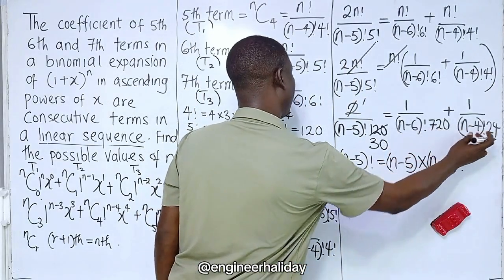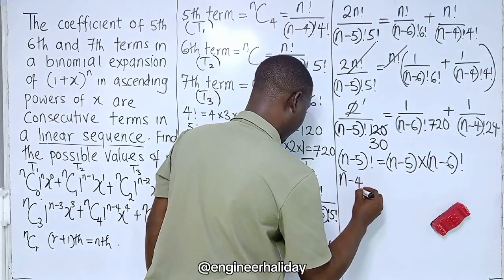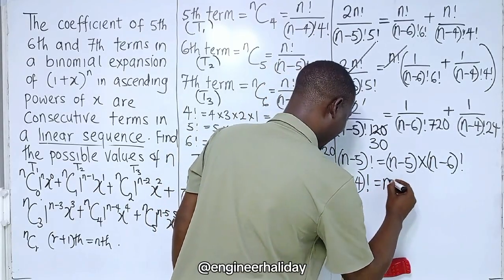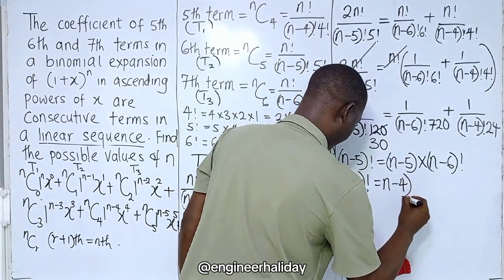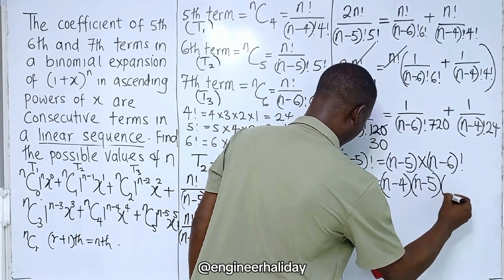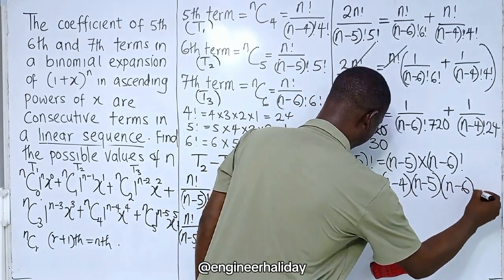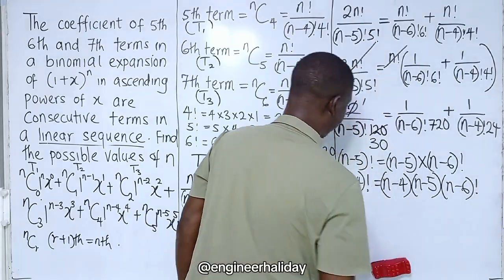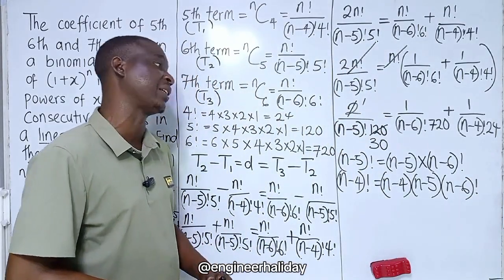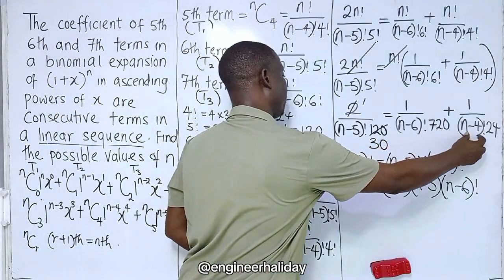Similarly, (n minus 4) factorial can be written as (n minus 4) times (n minus 5) times (n minus 6) factorial, to break this down.